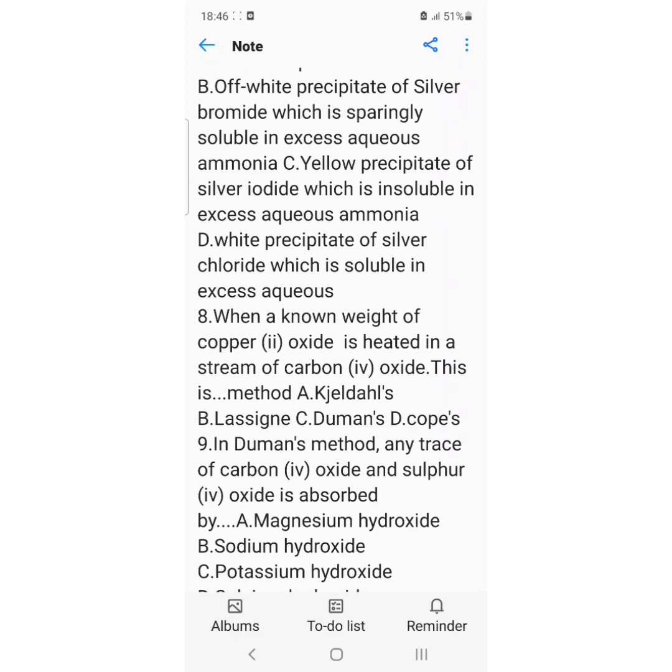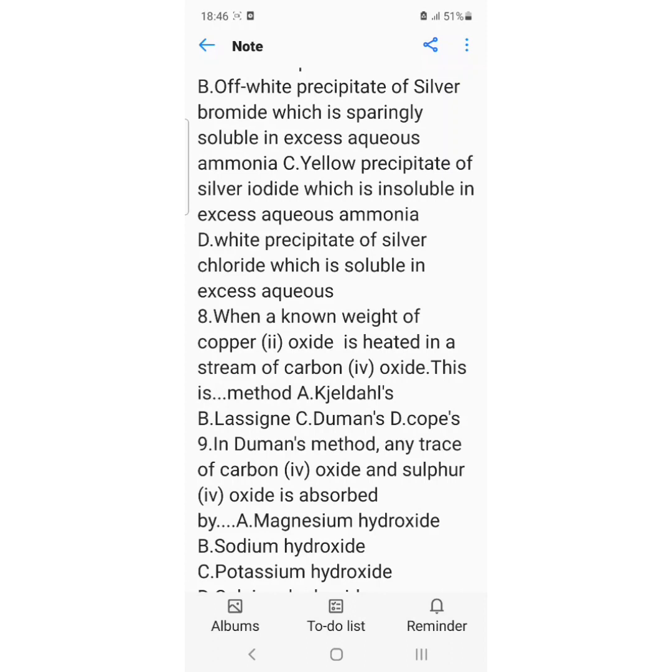When a known weight of copper(II) oxide is heated in a stream of carbon(IV) oxide, this is dash method.